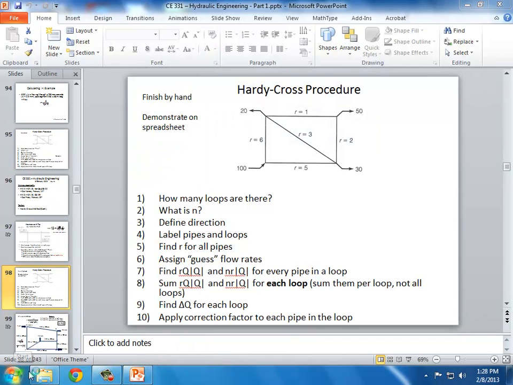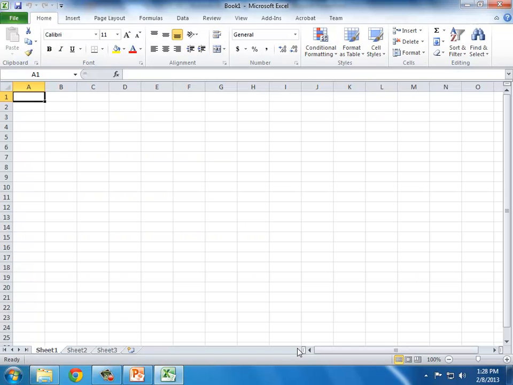So just starting a spreadsheet from scratch, we're going to mirror the same columns that were there previously. There's going to be iteration, loop, pipe, n, r, q, r times q times the absolute value of q. There's n times r times the absolute value of q, delta q, and corrected q.